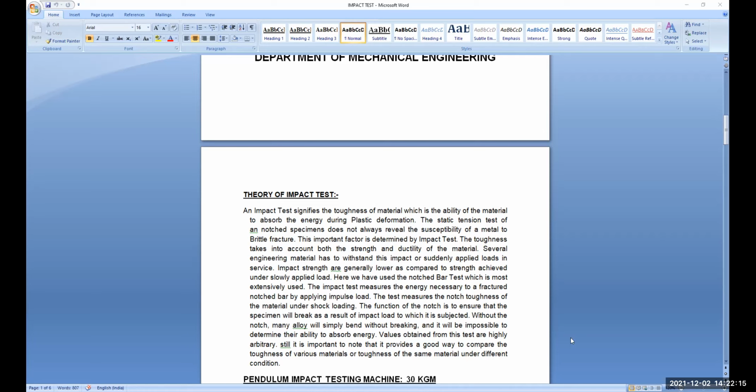Several engineering materials have to withstand the impact of suddenly applied loads on their surface. But generally, the strength is lower as compared to the strength under a slowly, gradually applied load. So we use the notched bar impact test, which is extensively used to understand the effect of impact.